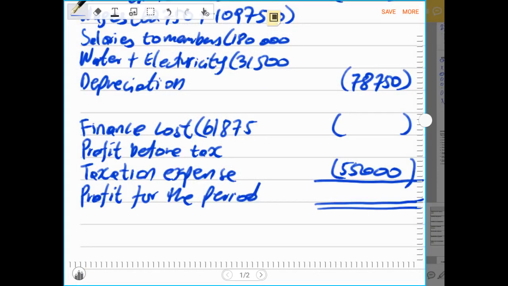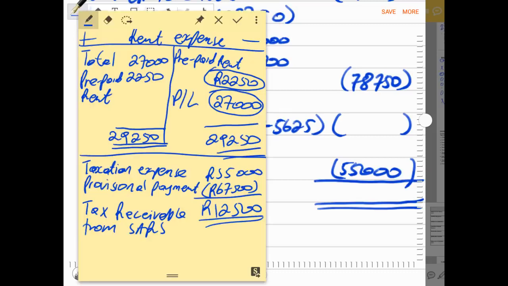Okay, finance cost, we did not take that into account. Finance cost, we had 5,625, although I wiped that away. Remember, with regard to that, we said that 450,000 rands times 15% gave us 67,500. Yes, I still remember.